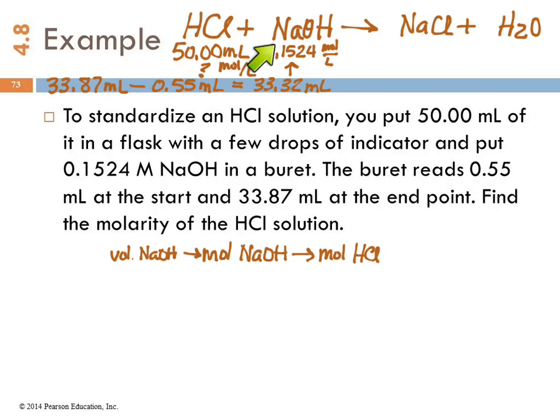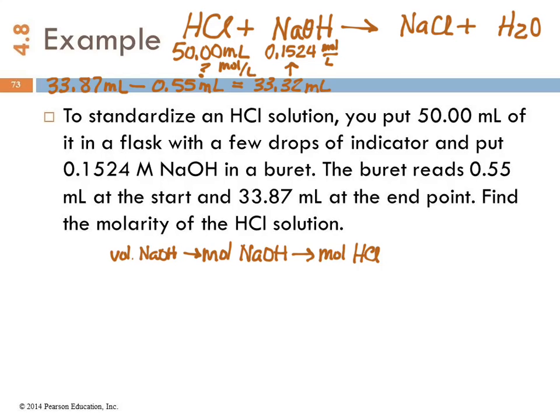The mole ratio 1-to-1 tells us that we can figure out the moles of HCl, and we want to get to moles per liter, molarity. How do we calculate molarity of something? Moles per liter, right? So we need moles of HCl, and we need to divide by the volume, right? So that guy's up there.